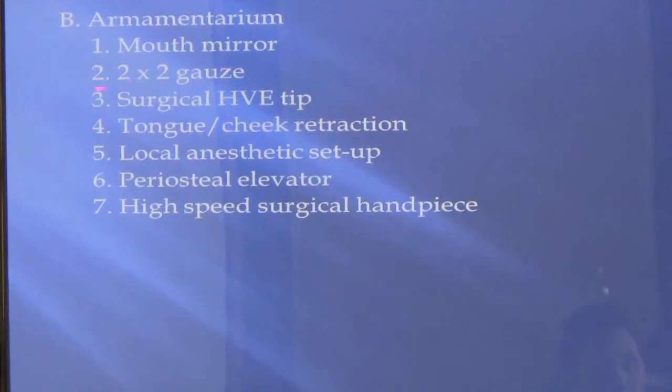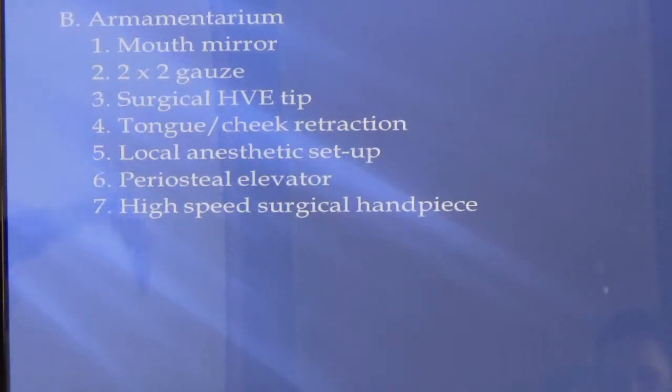You need a surgical high volume evacuator, or a surgical tip, we call it, plus your regular tip. You need a tongue or a cheek retractor, something that's going to pull away the tissues. Anesthetic, obviously. Periosteal elevator, again to reflect the gum. And a high-speed surgical handpiece, which the oral surgeons have, which has a different angle.